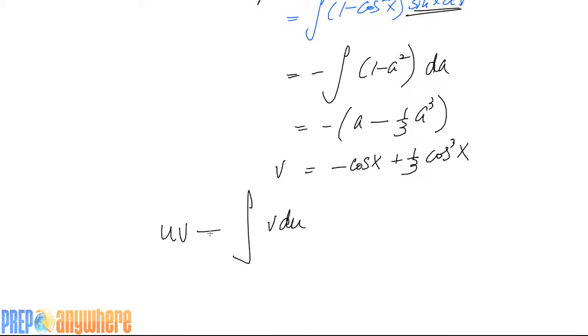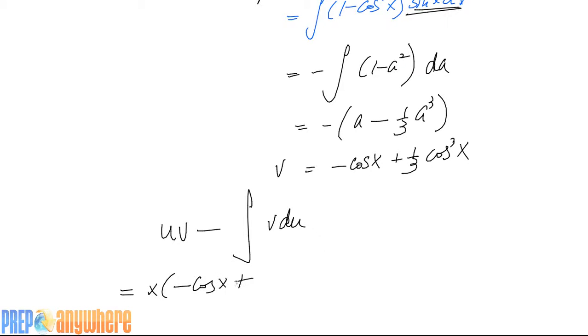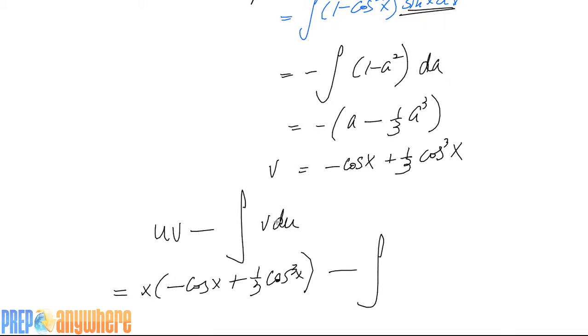So u was x, so we get x times this, minus the integration of v, which is this.